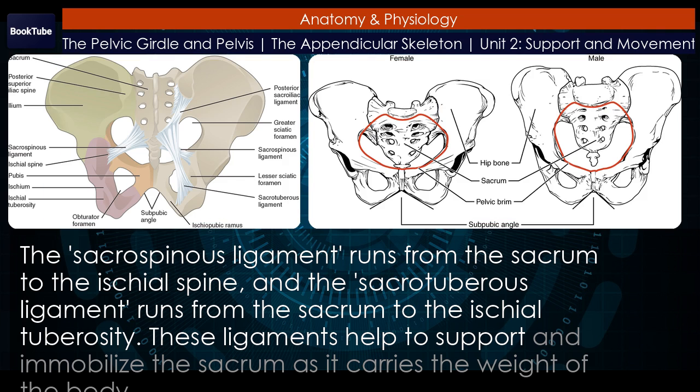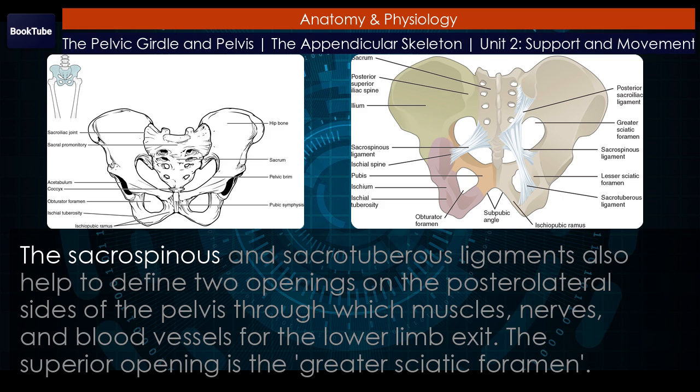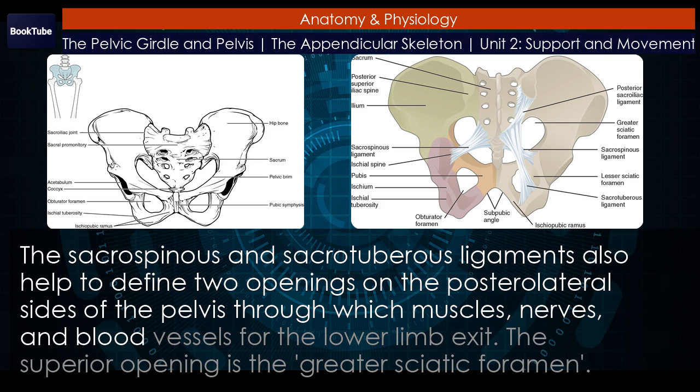These ligaments help to support and immobilize the sacrum as it carries the weight of the body. The sacrospinous and sacrotuberous ligaments also help to define 2 openings on the posterolateral sides of the pelvis through which muscles, nerves, and blood vessels for the lower limb exit.